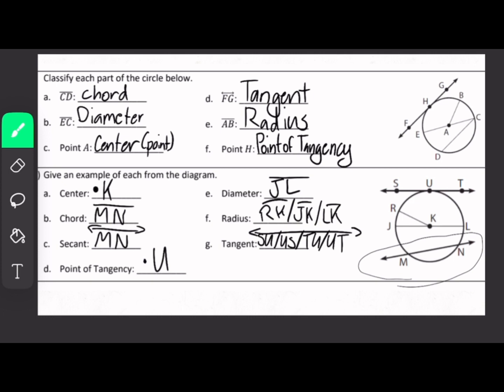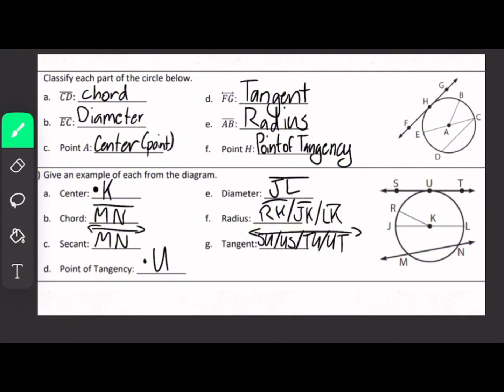Line MN is the secant. Sorry. Remember to have the little pointy bits at the end of your notations, or else you will be counted wrong. Our point of tangency is point U for obvious reasons. JL is our diameter for, again, obvious reasons. It passes through this.